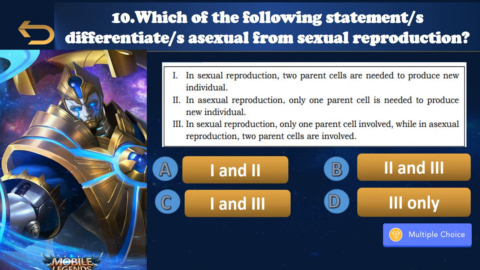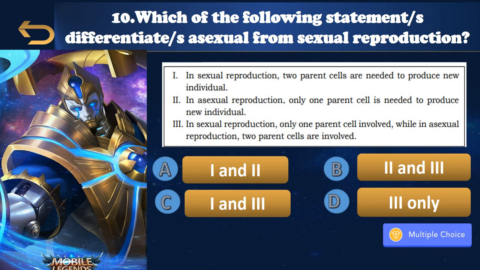And let's have the last question for our assessment. Number 10. Which of the following statements differentiates asexual from sexual reproduction? 1. In sexual reproduction, two parent cells are needed to produce new individual. 2. In asexual reproduction, only one parent cell is needed to produce new individual. 3.